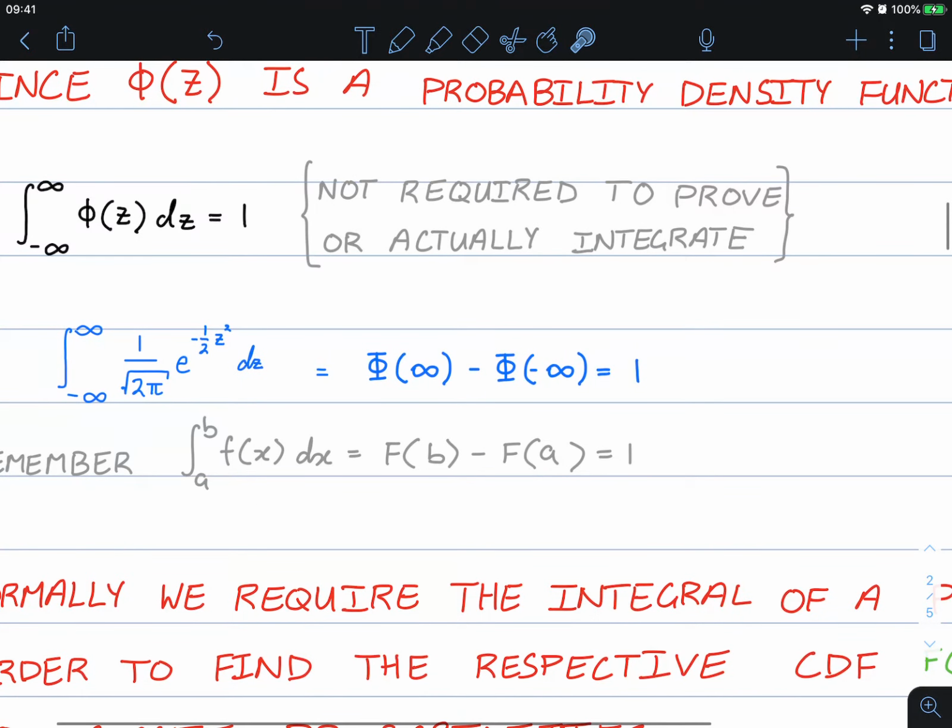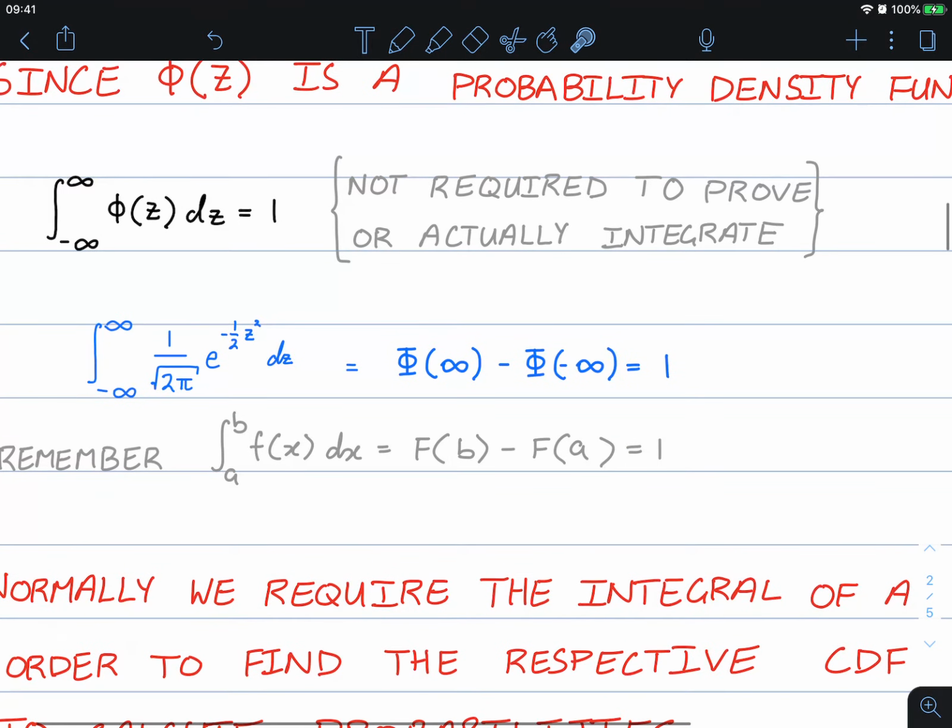Mainly, if you can recall that for any probability density function defined from the lower limit a to its upper limit b, if we take its primitive of b minus its primitive of a, its total area is equal to 1. In the same manner, if we could integrate this, we would find that its primitive of infinity minus its primitive of negative infinity is equal to 1.